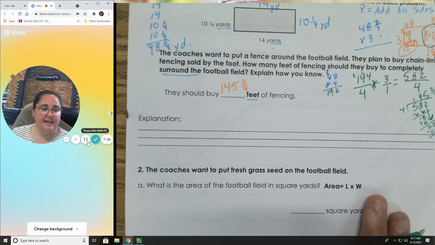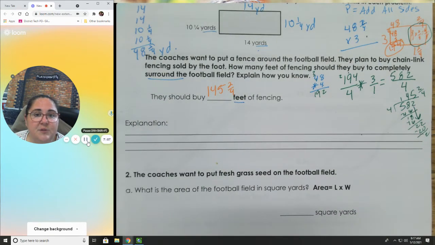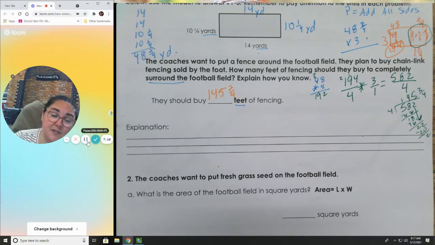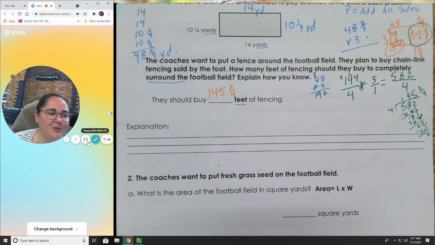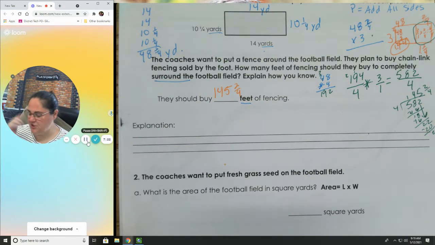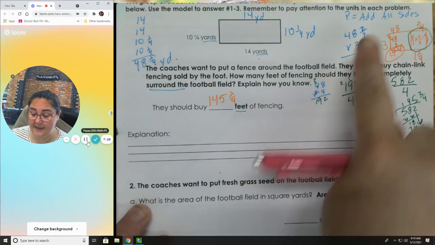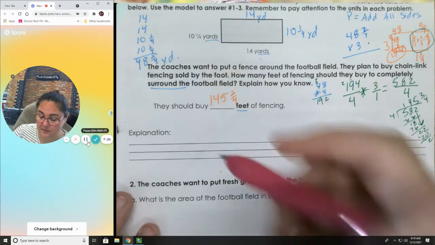Now, it says, explain how you solved the problem. I want you to tell me all steps needed. Type in complete sentences. You should have at least 2 sentences. How did you solve this problem? All right, for this question, let's think about our first step. What did we do? We added all sides to find the perimeter.